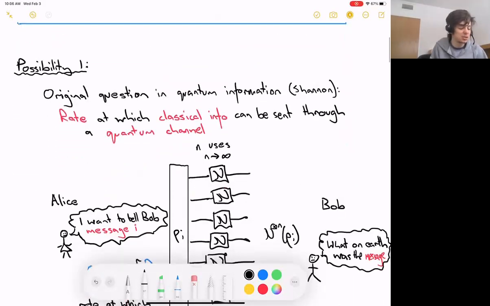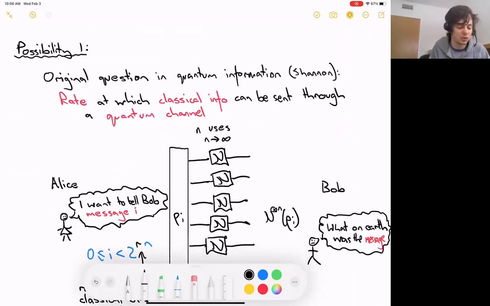So the first part of this talk is just going to be some very basic quantum information theory, quantum Shannon theory. And I'm going to start with essentially the very first question anyone asked that could meaningfully be called quantum information theory. This was actually a question asked by Claude Shannon himself, which is the following.